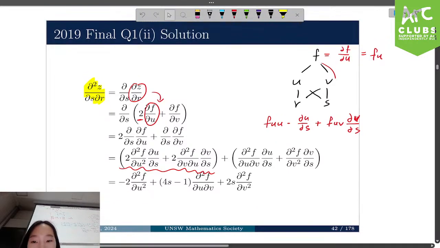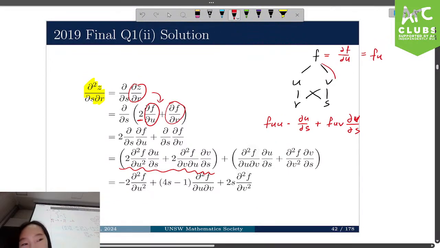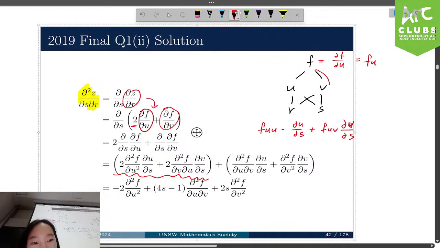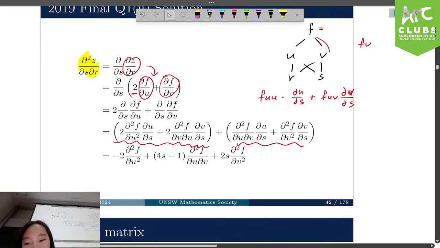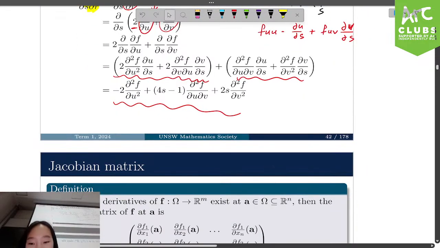And it's very similar for this term over here, because instead of replacing with the partial derivative f_u, you replace with f_v. Cool. Using the similar formula, you can get the following. And after further simplifying, you will get the final result. Hopefully it's not too hard.